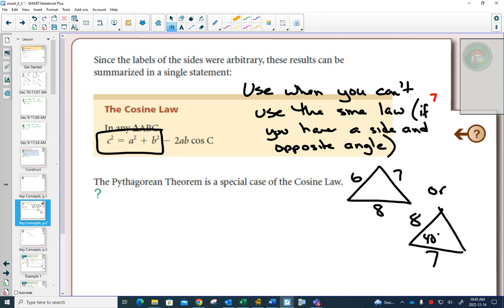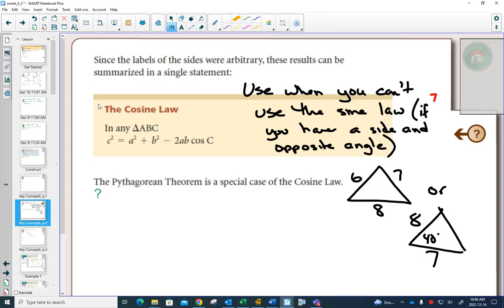It's just got a little bit of extra stuff to account for the fact that it's not a right angle triangle. a squared plus b squared equals c squared only works for right angle triangles, and when you have non-right angle triangles, then you have a little bit of extra stuff.